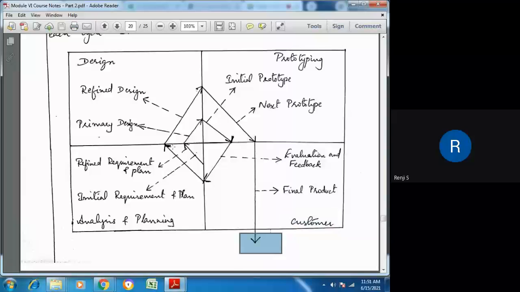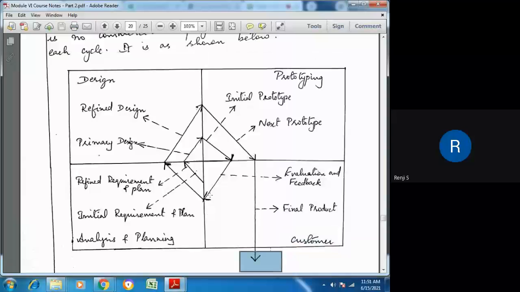So these are the different stages through which the embedded product is developed. It goes through four main stages, and for each stage it can go as many times in the loop as needed until all the functionalities are built into the product.